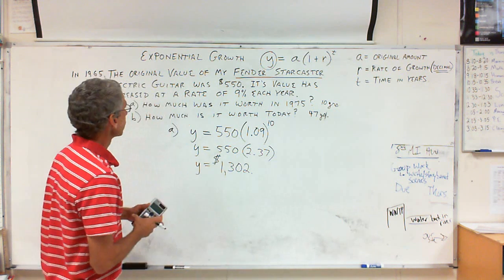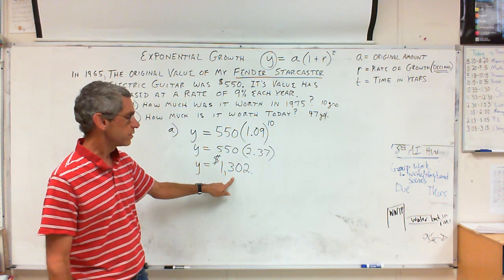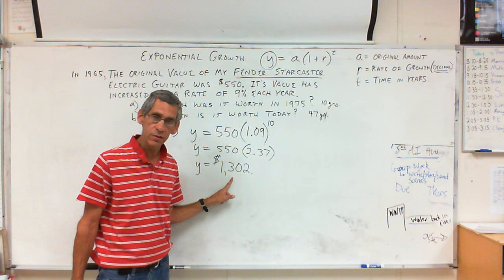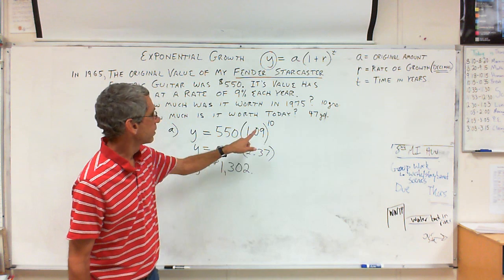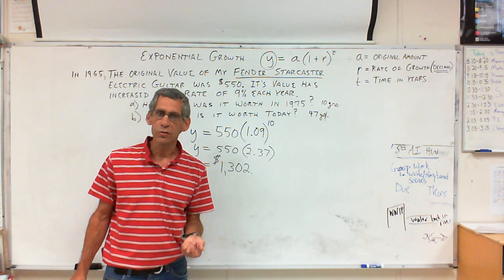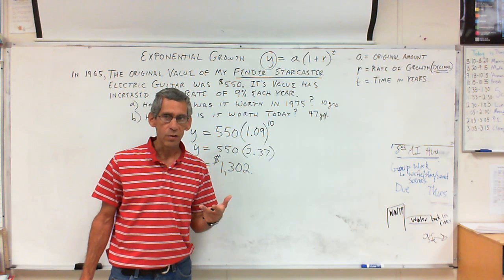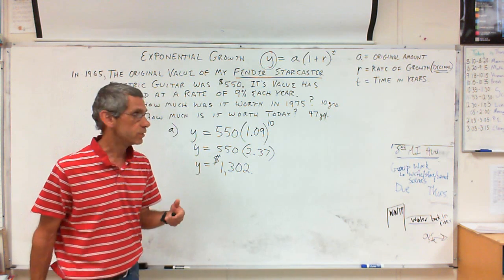Now let's think about that. It started at $550. 10 years later, it was $750 more. So every 10 years, we could sort of assume that it was going to grow $750 worth. Well, let's just round it to 800 just for fun.